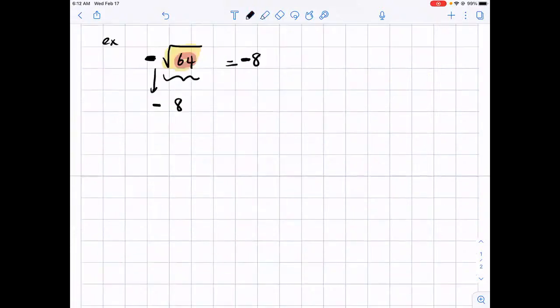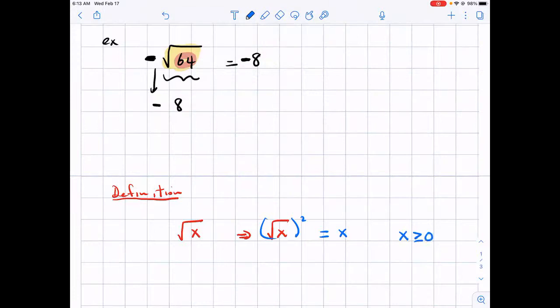So by definition, for any positive square root, for example, if we have the square root of x and we square this, that is equal to x, assuming x is greater than or equal to 0. This has to be some positive number.